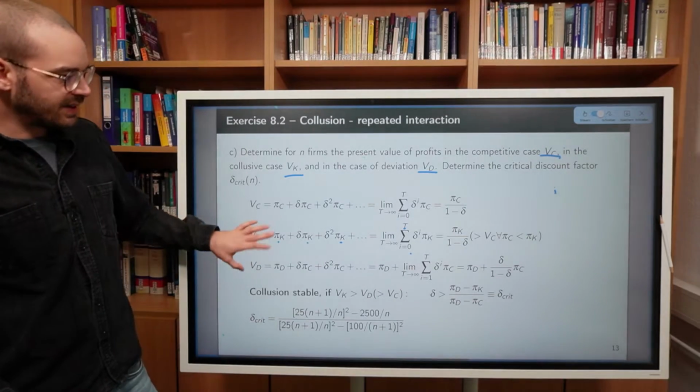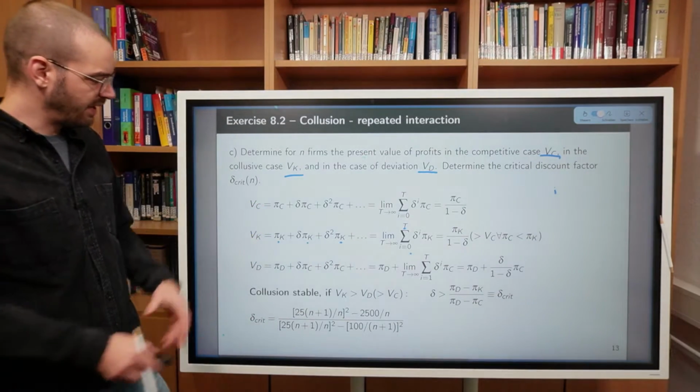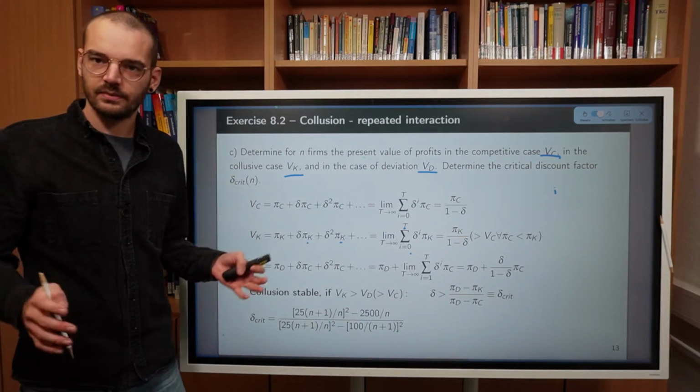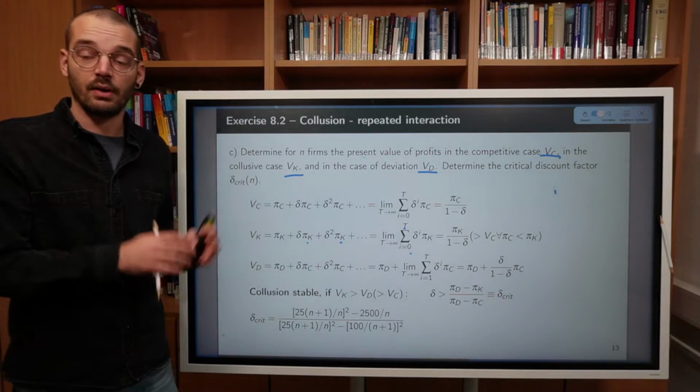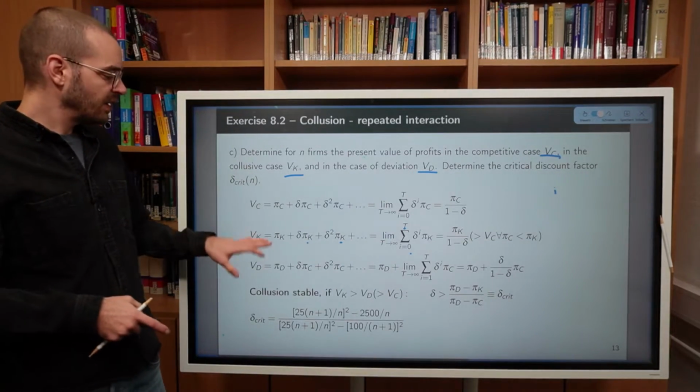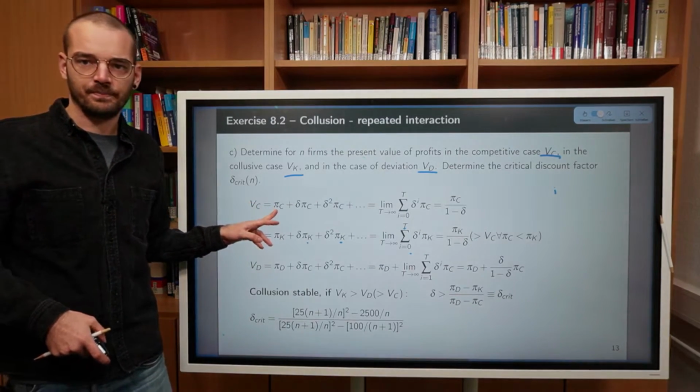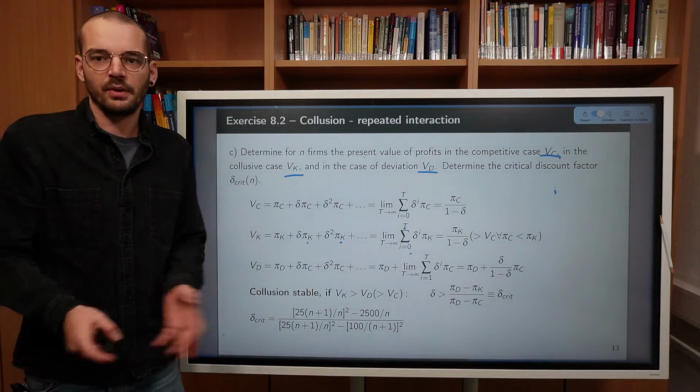Okay? And of course, we know that in this world we are discussing throughout this assignment, the profits under collusion are larger than the profits under competition. I mean, logically, otherwise why would they collude, right?